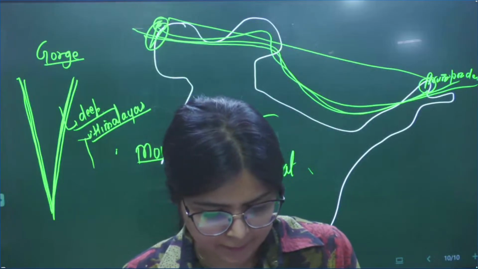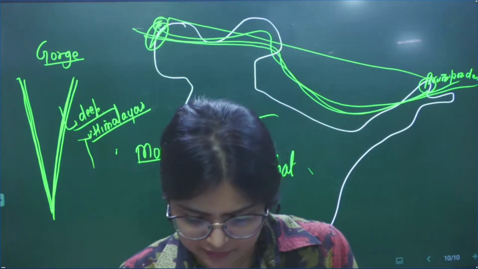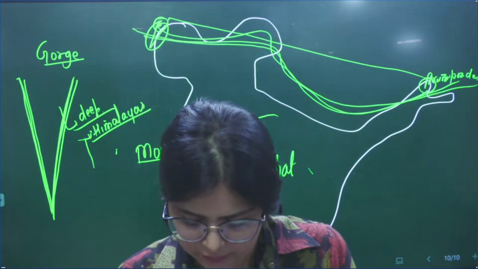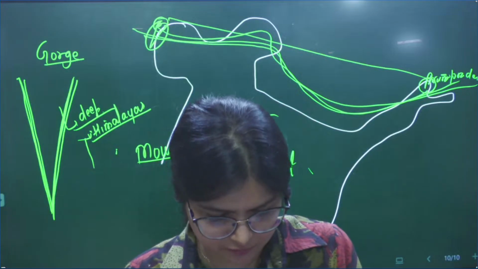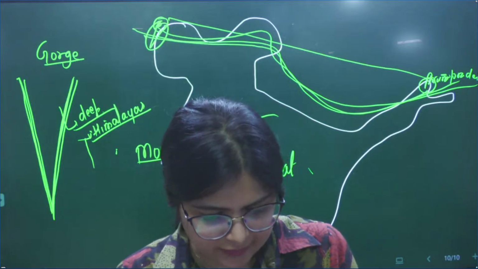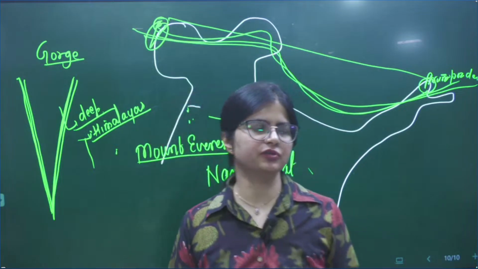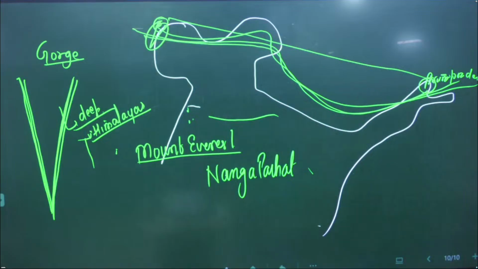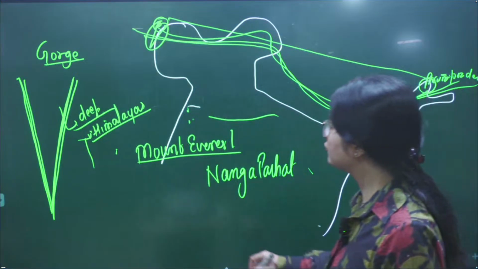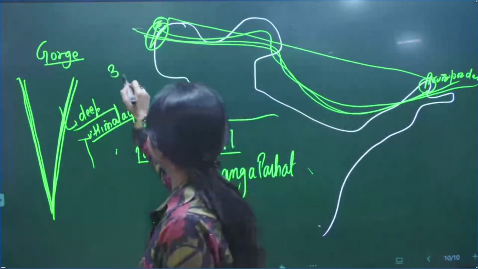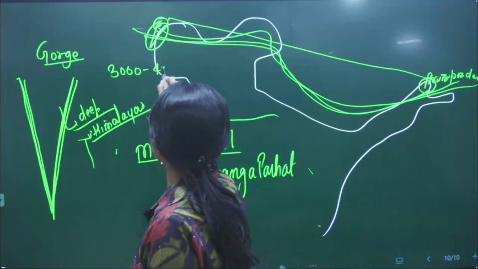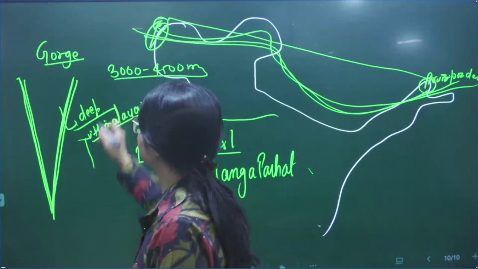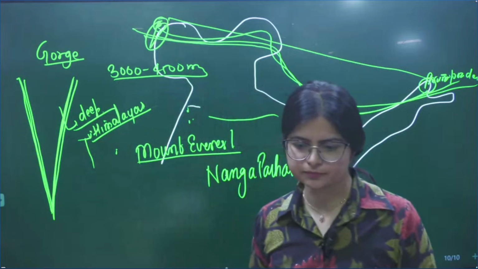By the main central thrust. The average height of this range is 3,000 to 4,500 meter.